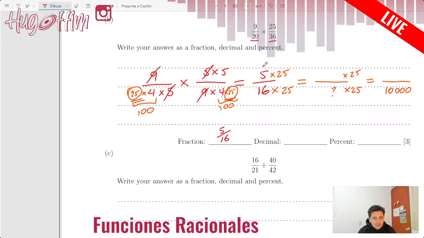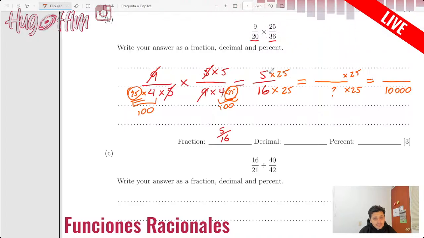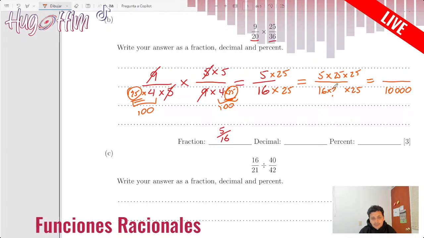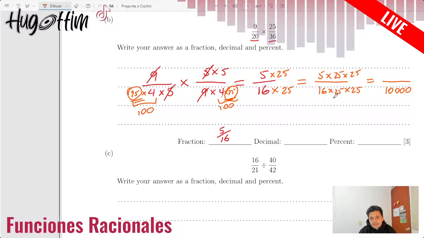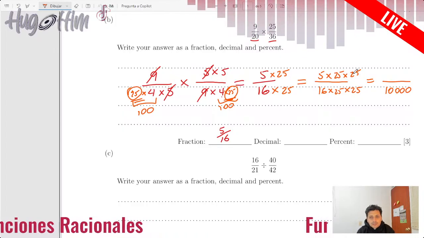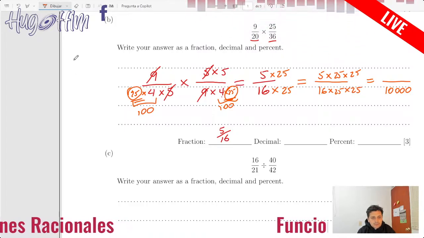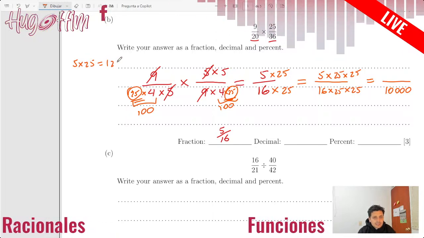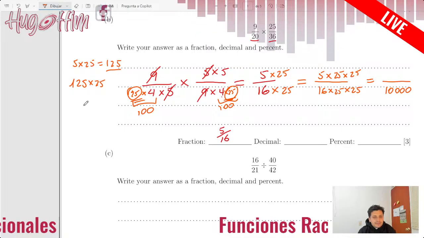Now I just need to multiply 5 times 25 times 25. So you just need to multiply the three numbers. 16 times 25 times 25 is 10,000, and here is just 5 times 25 times 25. 5 times 25 is 125, so I just need to multiply 125 times 25.